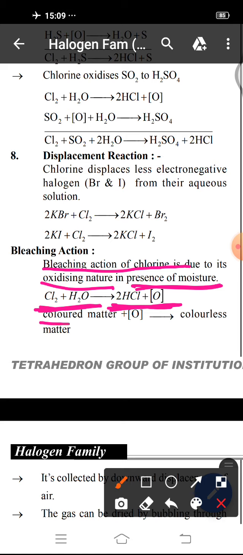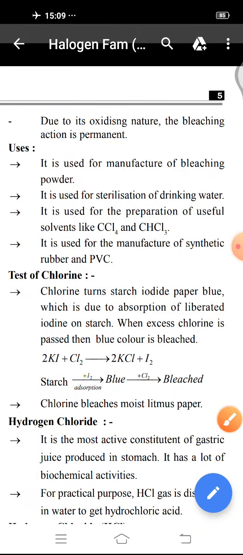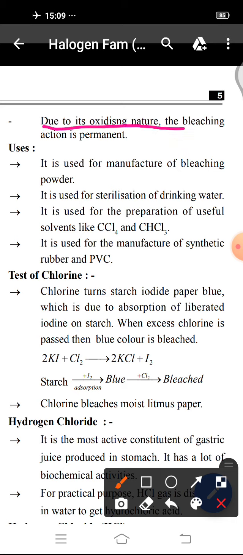This nascent oxygen reacts with colored matter to form colorless matter. So the bleaching action of chlorine is an oxidizing property. Due to its oxidizing nature, the bleaching action of chlorine is permanent.